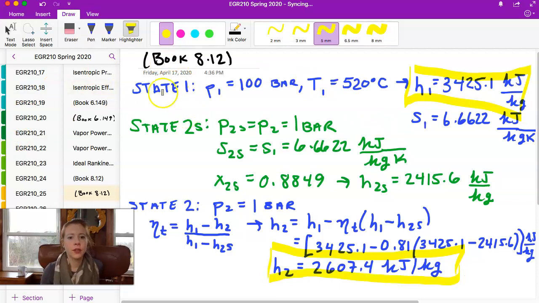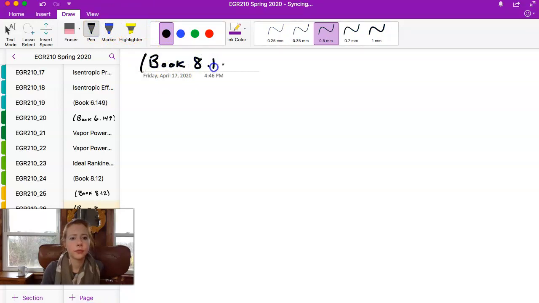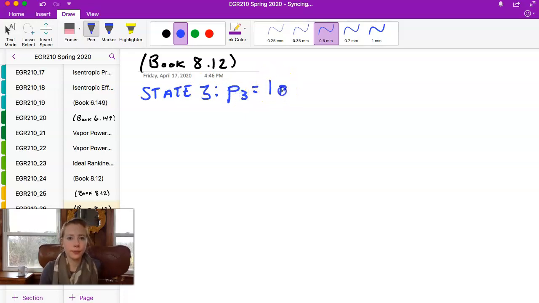Okay, so now let's look at state 3 and state 4. So state 3, P3 is 1 bar.